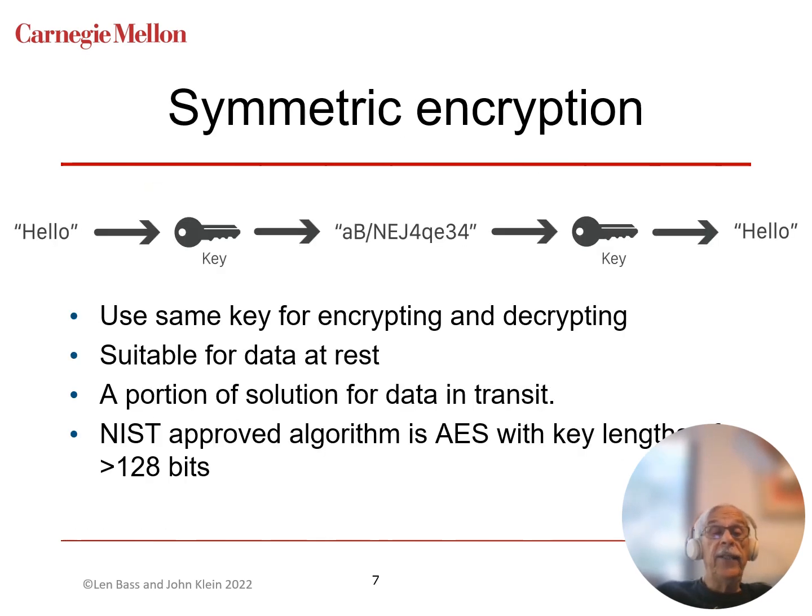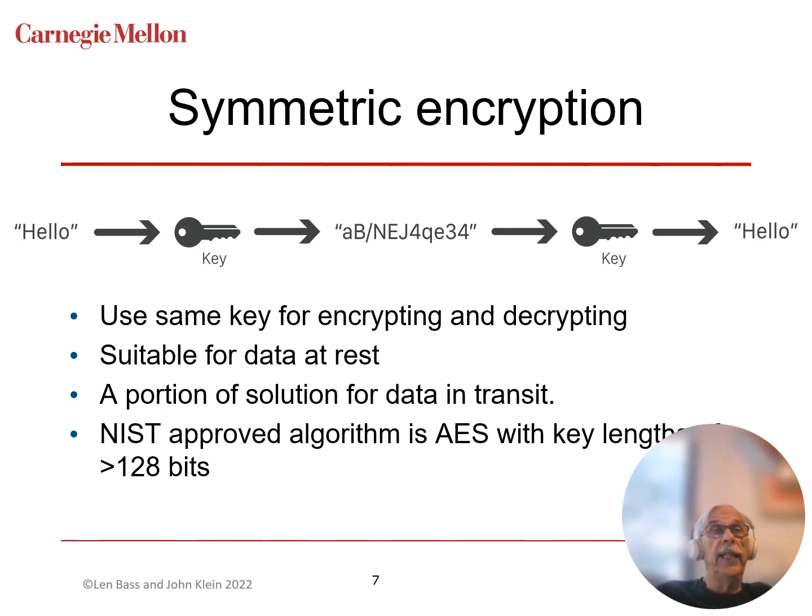For a symmetric algorithm, you have a key, and some text that you want to encrypt, hello in this case. It turns it into gibberish, then you use the same key and out comes hello. So you're using the same key for encrypting and decrypting. This is suitable for data at rest.